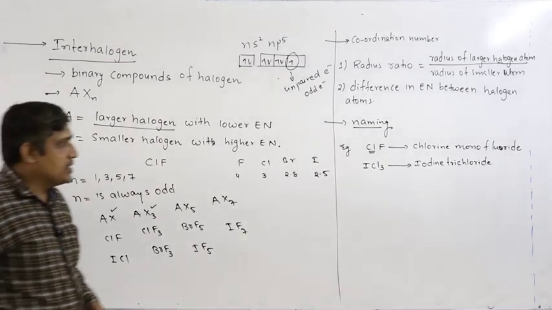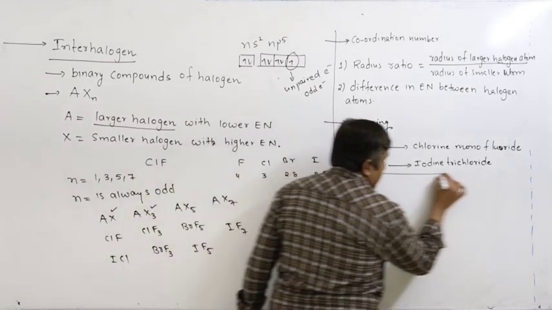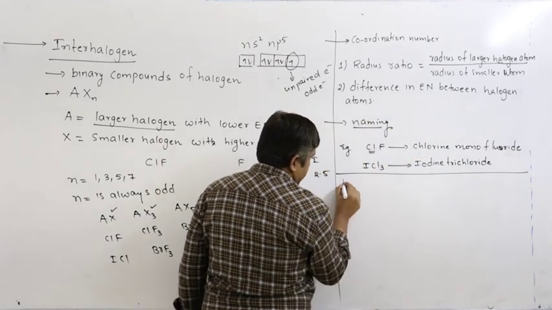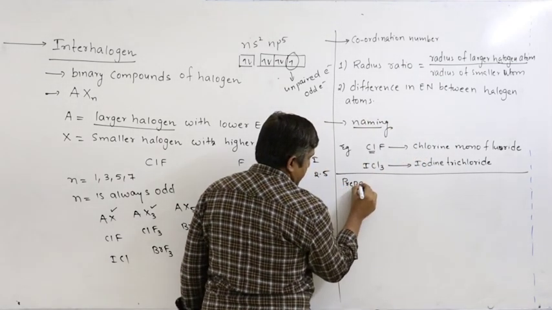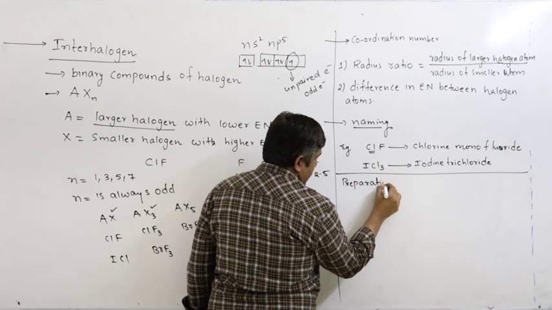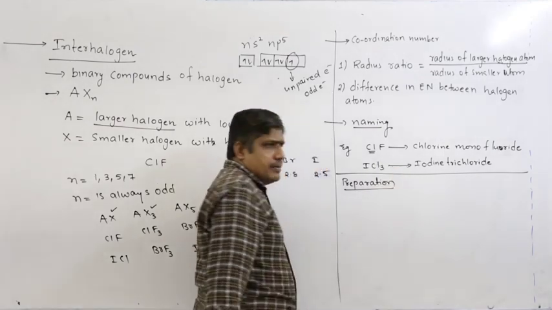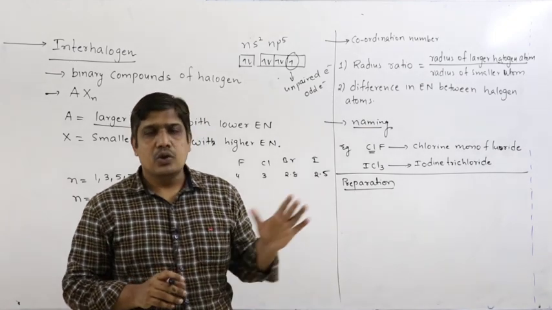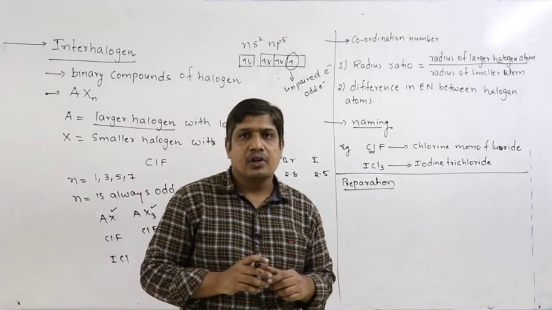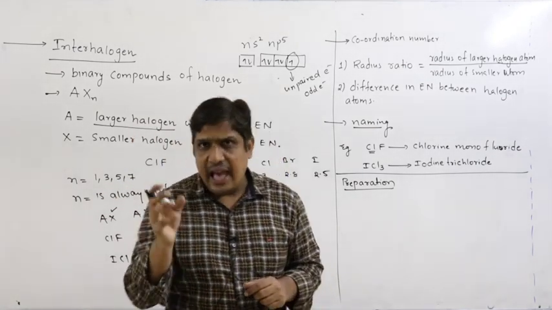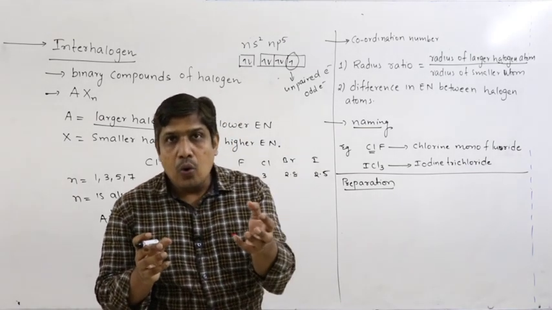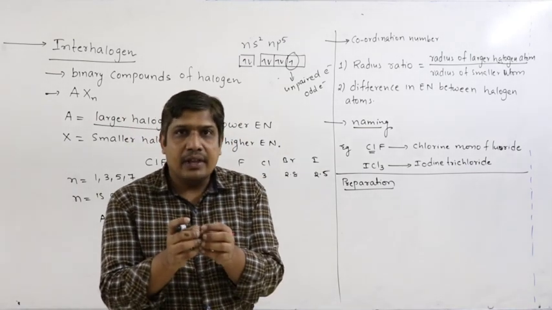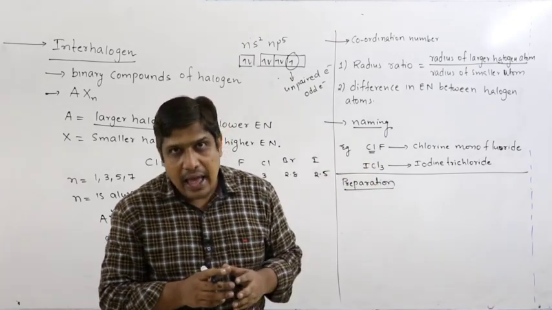Now let us see the preparation. How do you prepare? We combine two halogens directly. Upon heating, you will get interhalogen. That is one method. The other method is we take a halogen and a lower interhalogen, and combine them to get a higher interhalogen.